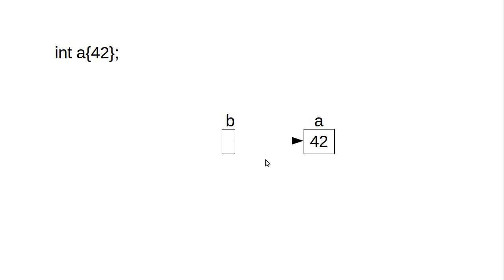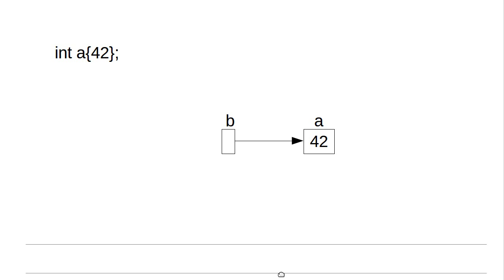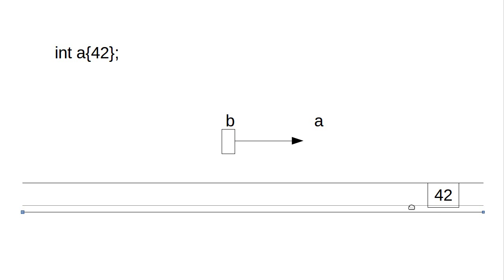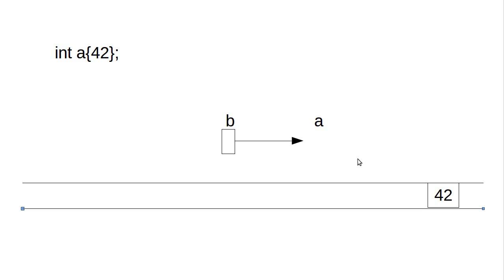Now, of course, addresses are just numbers. The memory of the computer is laid out linearly, and so you can picture the memory for your program as being one long block here. In reality, when we declared this a, what really happened was that we got a chunk of memory here, and it is called a.